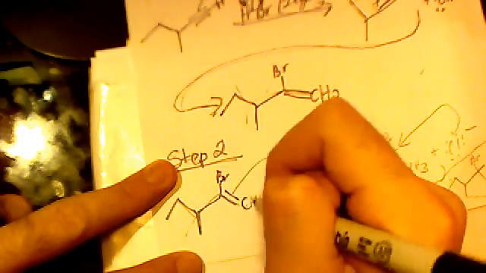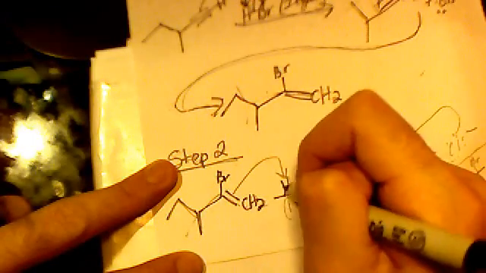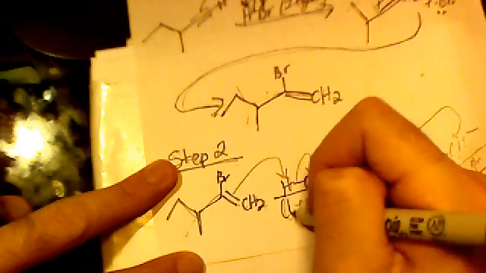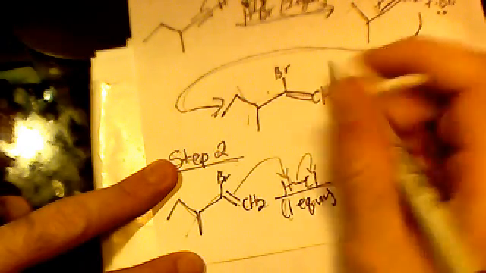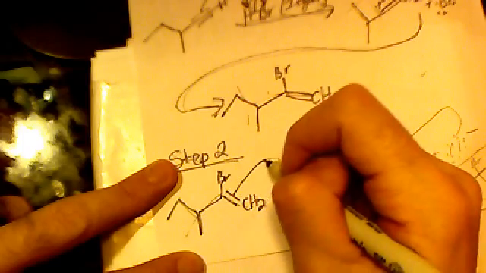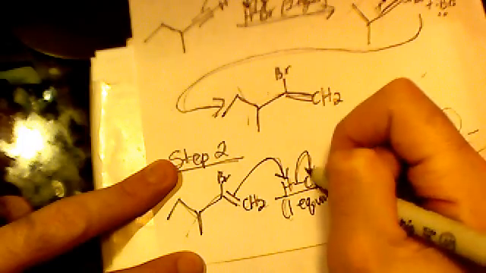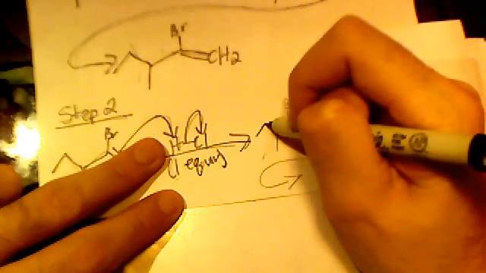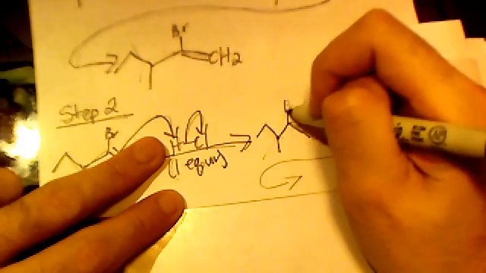And then step 2. Here's our neutral alkene, and we treat it with hydrogen chloride, 1 equivalent, right? The pi bond from the alkene attacks the hydrogen, this bond splits, and we get the following.